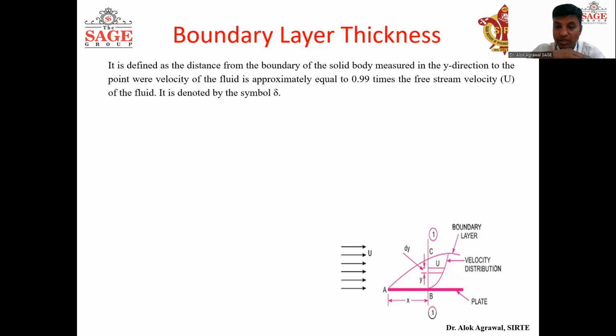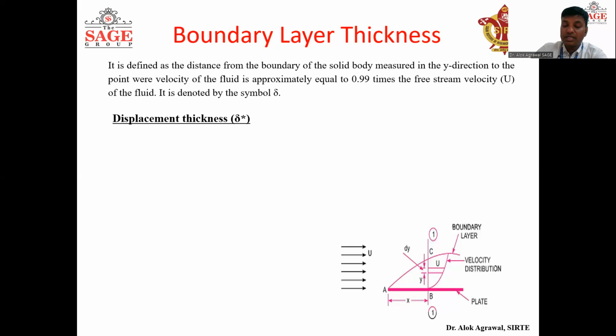The velocity of the layer just adjacent to it is somewhat greater than 0, and as we move upward in the direction of y, the velocity continuously increases, until a point is reached where the velocity becomes 99% of the free stream velocity. That point is fixed, and the distance between that point and the plate in the y direction gives the boundary layer thickness. It is denoted by the symbol delta.